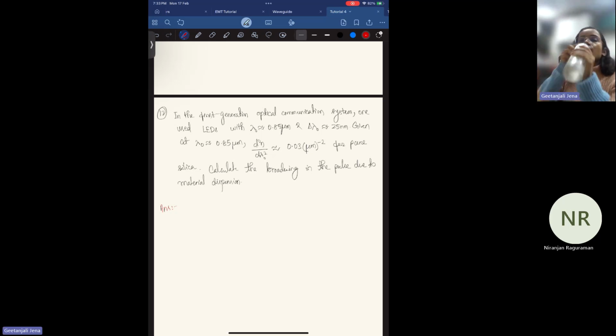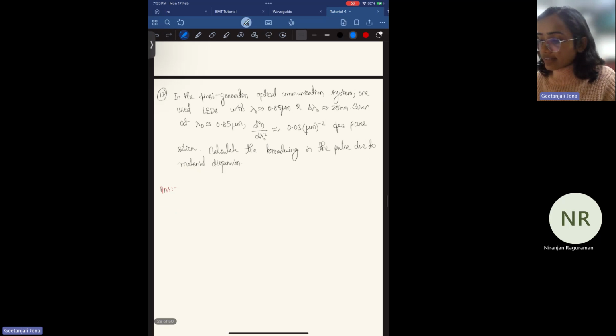Please go through the question once. So the question says, in the first generation optical communication system, one used LEDs with lambda 0 equal to 0.85 micrometer and delta lambda is 25 nanometer.